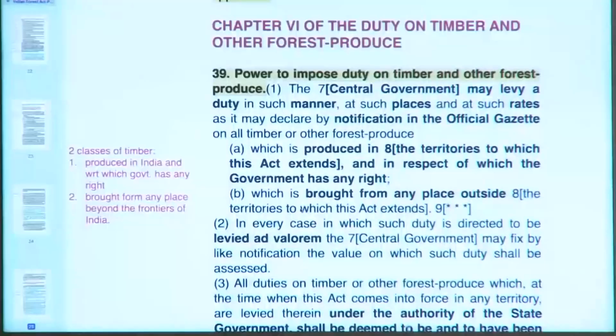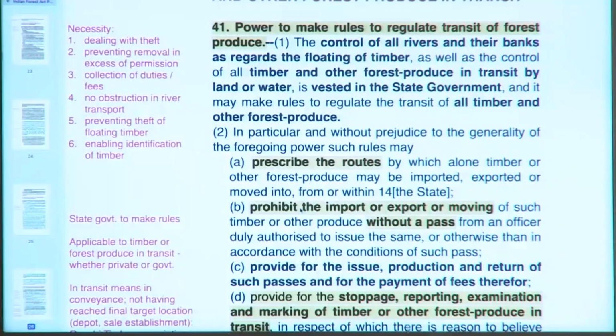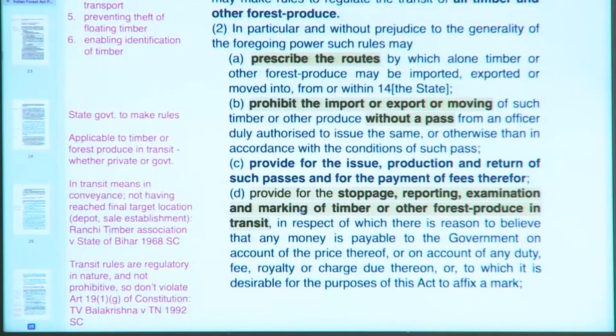Then the government can impose duty, and the government can prescribe the routes from which the forest produce can be moved. We can have prohibition of import and export and moving of timber and other produce without a pass. We can set up nakas and chowkis where we can look at these forest produce, and we can stop people.